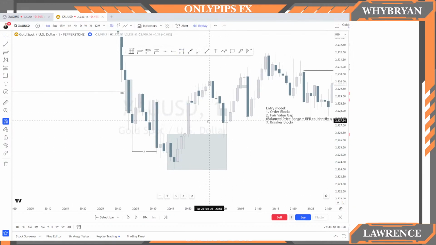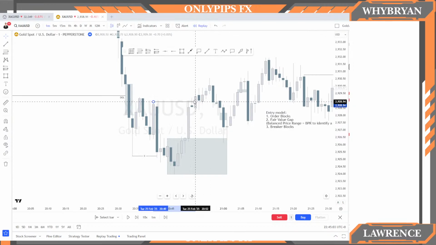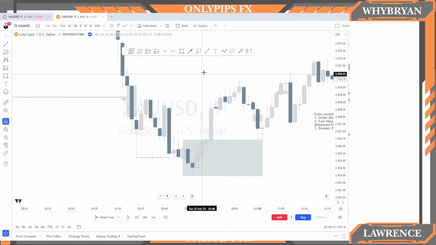So where is the high that created this low? Is this high? Am I correct? The moment the price breaks this high is called the breaker. The high itself, the high that sweeps the low. Remember this.